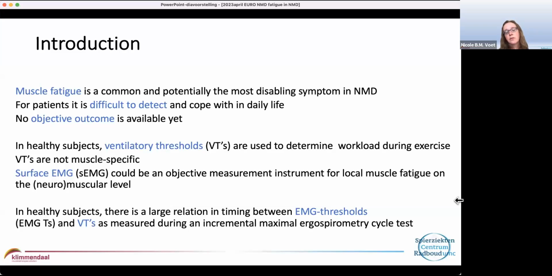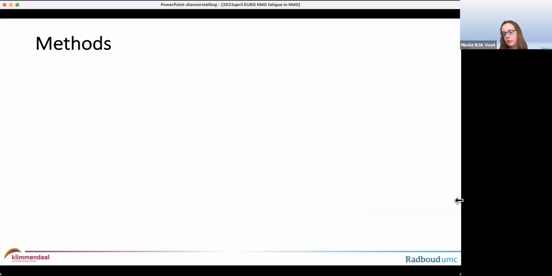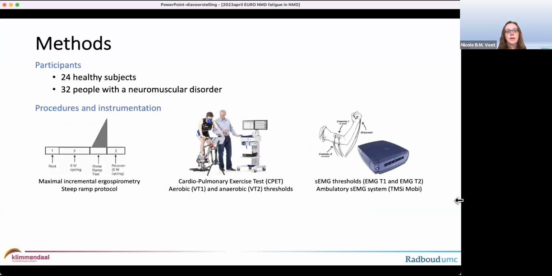Ventilatory thresholds, there are two of them. The first one is when lactate is accumulating, and the second one is when lactate is accumulating so much that you cannot breathe it out. And that's the second ventilatory threshold. So we included 24 healthy subjects and 32 people with an NMD.